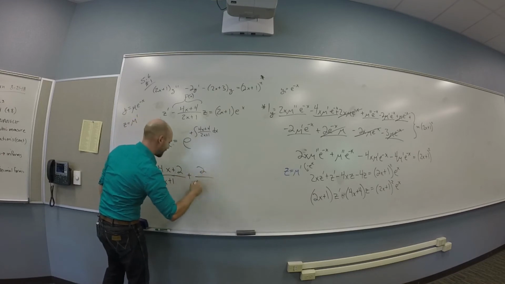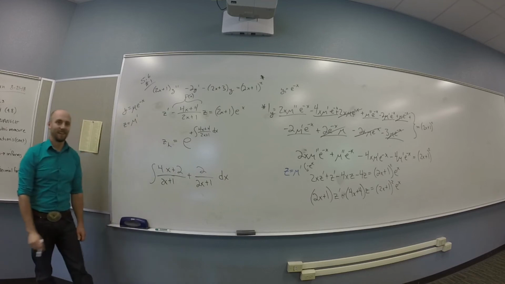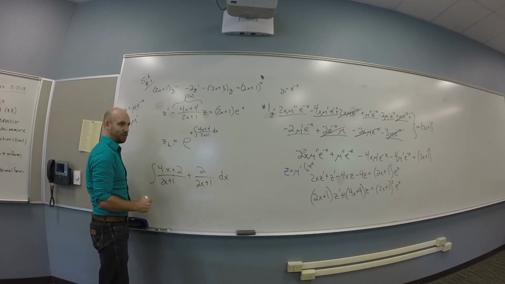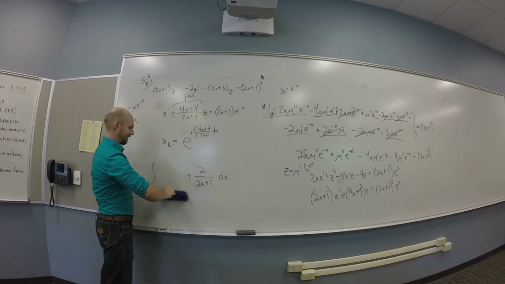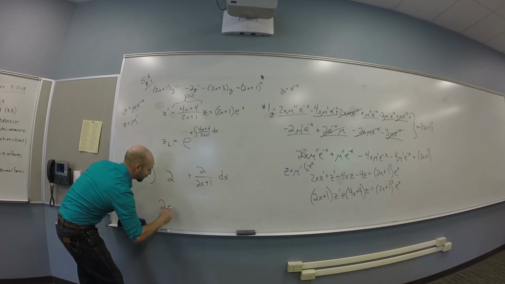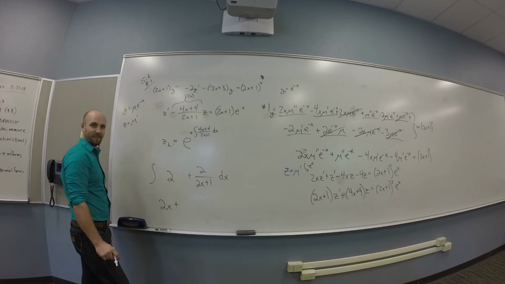That's beautiful, guys. Good work. And then this piece is 2, and after you integrate, 2x. So I got 2x plus, how do you integrate that one? It just so happens to work out nicely in natural log of 2x plus 1.